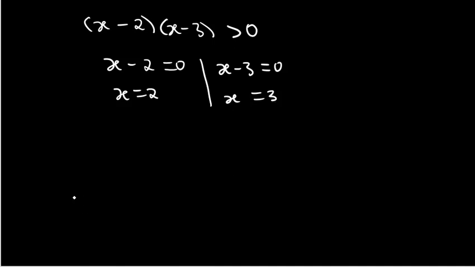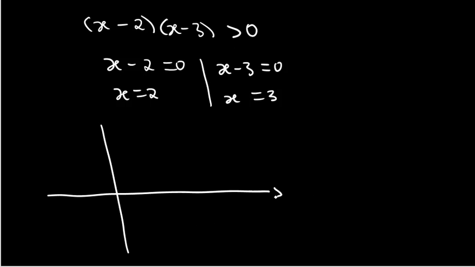The first thing we do is draw our xy plane. Let's assume this is our xy plane. We have our x-axis and our y-axis, and we have our 0 here. We have x equal to 2 and x equal to 3, so let's indicate these two values on the x-axis. Let's assume we have positive 2 here and positive 3 here.